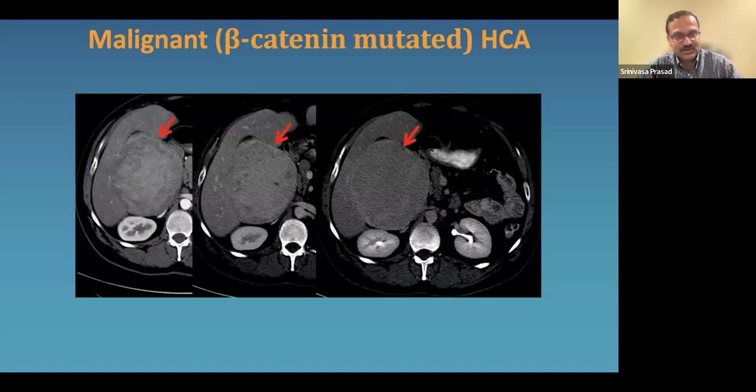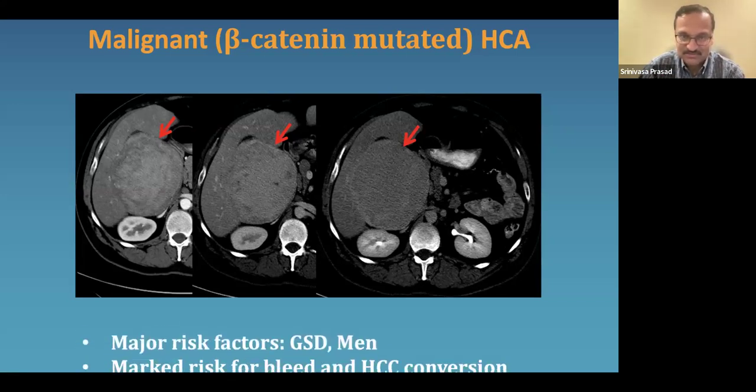And these are the ones that tend to show increased retention of EOB contrast, the hepatobiliary contrast, on delayed phase images. So these can be mistakenly called focal nodular hyperplasias. One should be aware of this caveat: not all tumors that show uptake are a focal nodular hyperplasia.